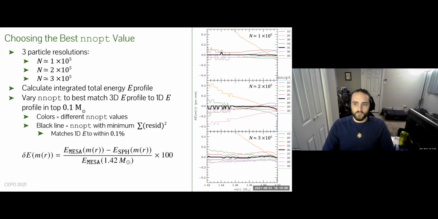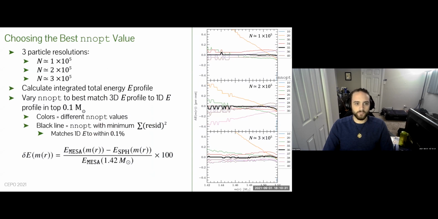Star Smasher has an input parameter called NNopt. This is a parameter that dynamically controls the number of neighbors. In this way, it reduces artificial shocks that come about from particles with very different mass resolutions, such as during the onset of the common envelope phase.